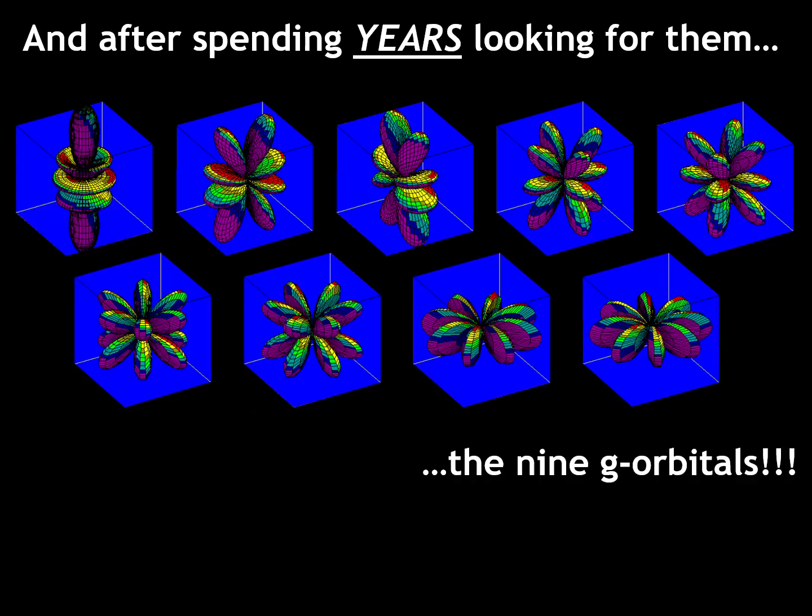And then I actually did spend years trying to find an image of the g orbitals. So I was really happy when I finally did find one. Now, if you go out and look on the web, they pop up all over the place. I guess it was just a case of they didn't really have the computing power to calculate what they look like.